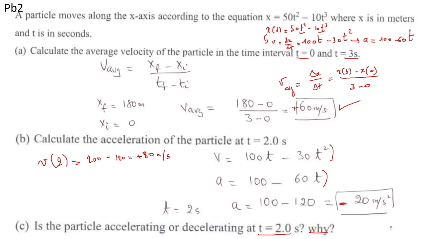The velocity at t equals 2 seconds is positive, but the acceleration is negative. Velocity positive means I'm moving in the positive direction, but the acceleration is negative. So I'm slowing down, so I'm decelerating, because I'm braking actually. There is a net force opposite to the direction of motion. I'm moving forward, but the net force is opposite, so I'm slowing down.